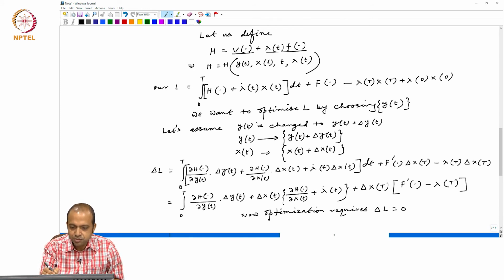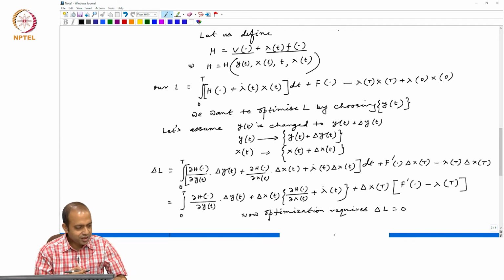V is a flow benefit, and lambda T F dot is some kind of stock benefit. Flow and stock: this sometimes becomes difficult to add.